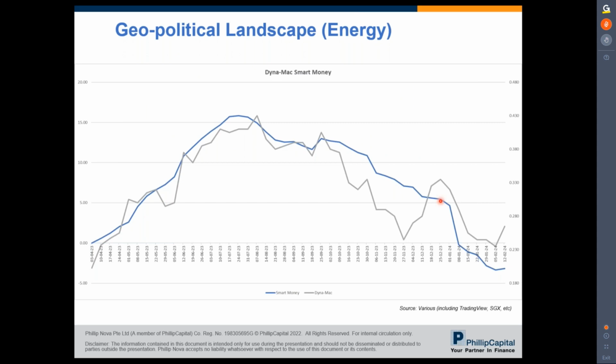So assuming that as an investor, we read the news and think that some oil or energy related stocks in Singapore may offer opportunities for us to invest in, due to these geopolitical conflicts going on in Europe or the Middle East, right? Then we can quickly check through some of the energy or oil and gas related stocks listed in Singapore.